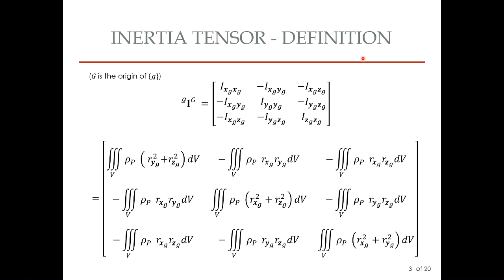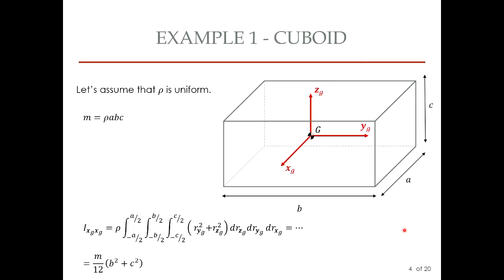All right. So the first shape or geometry we are using is a cuboid. For this one, what we are calculating in this slide is Ixx. I won't say the G in short. So Ixx is on this top left corner, and the actual formula is this one.